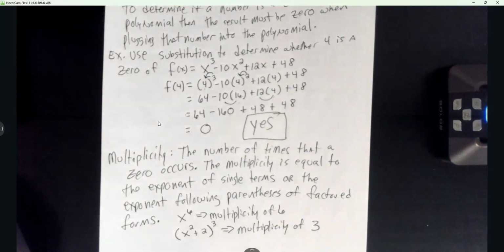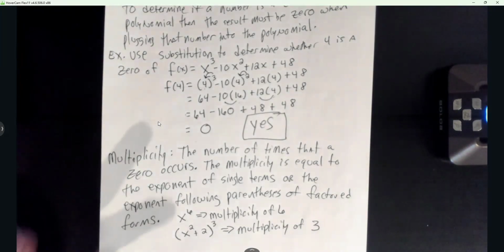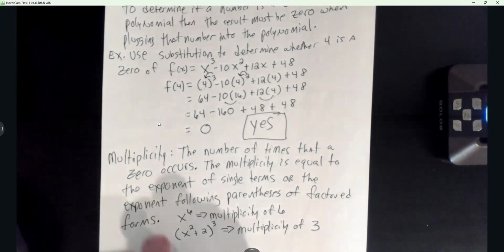Okay, so y'all, what we're going to do, we're going to find those zeros and we're going to tell their multiplicity. And these examples start around number 6 that I'm doing now, okay?